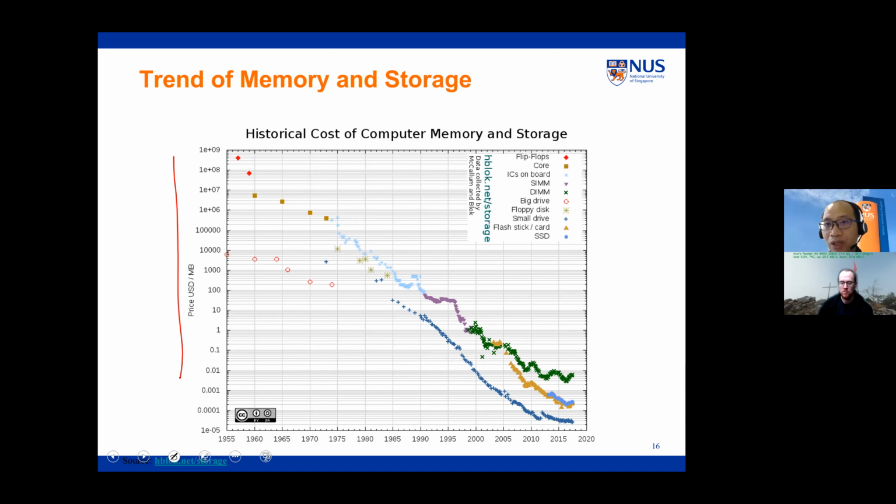Why do we have this in-memory computing? My perspective is that although we say big data, and a lot of data has been generated, I have seen so many applications whose working set doesn't grow exponentially.